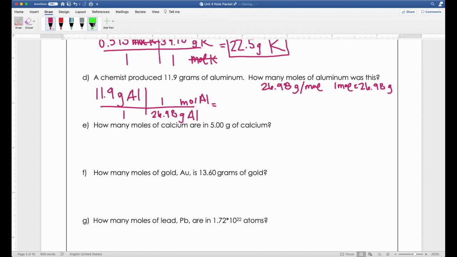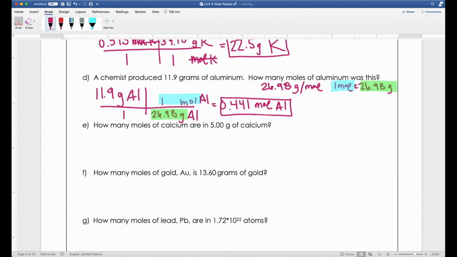So let's highlight some of these things again, just so you can see them. 26.98 grams is equal to 1 mole, and 1 mole's on top, so that has to be the same. 1 mole, 26.98, 26.98. And in this case, you just have to multiply to get the correct answer. Just make sure your answer has the correct number of significant figures. Answer should be 0.441 moles of aluminum.